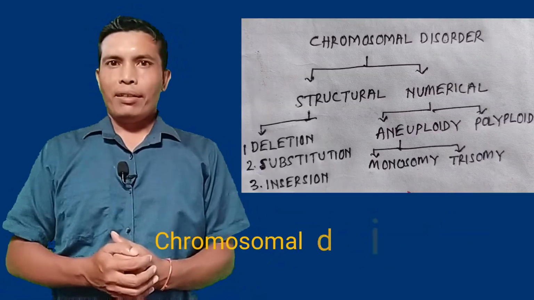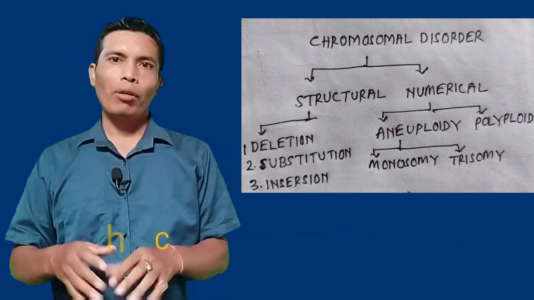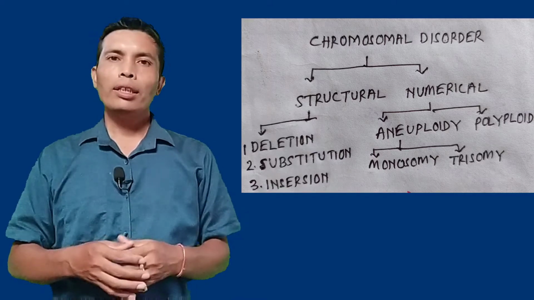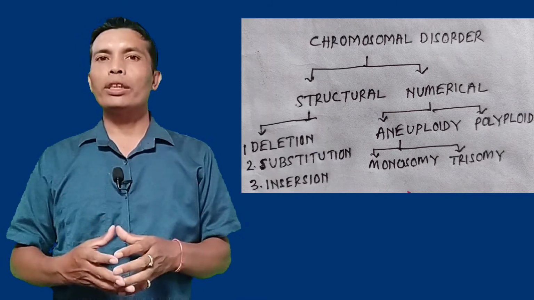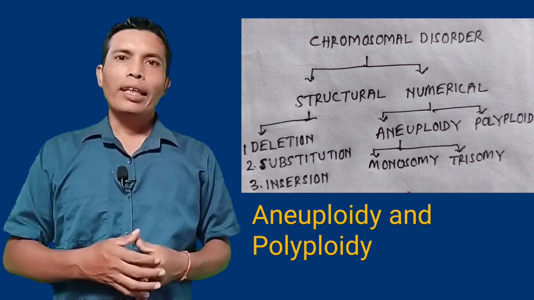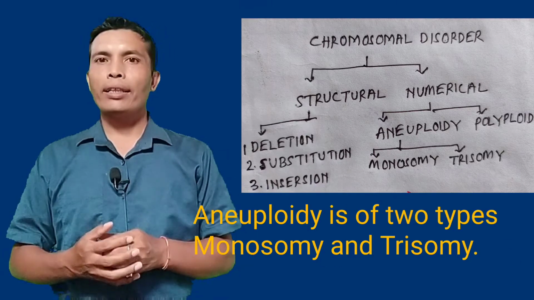Okay, now let us have chromosomal disorders. As we have learned, chromosomal disorder is of 2 types: structural disorder and numerical disorder. Again, numerical disorder is of 2 types: aneuploidy and polyploidy. Aneuploidy is again of 2 types: monosomy and trisomy.